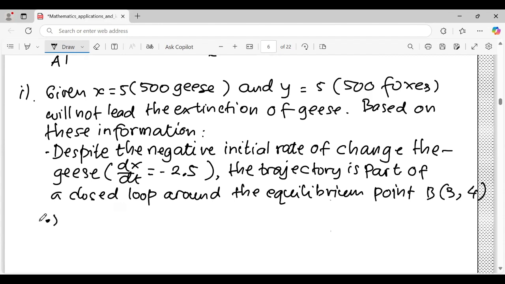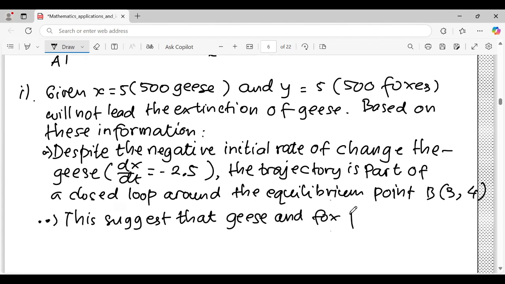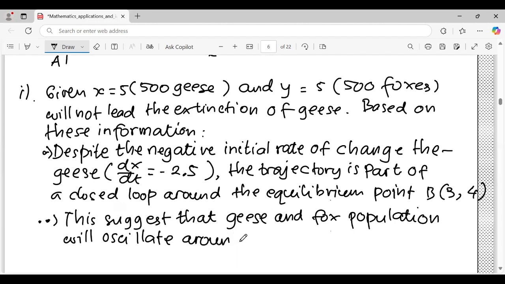And the second, this explanation suggests that the geese and fox populations will oscillate around the equilibrium point, as I sketched on the graph.